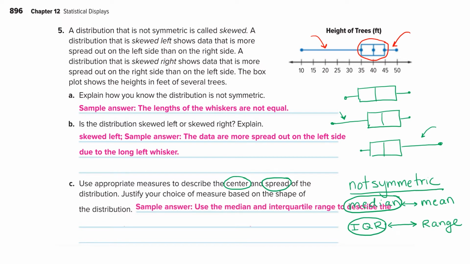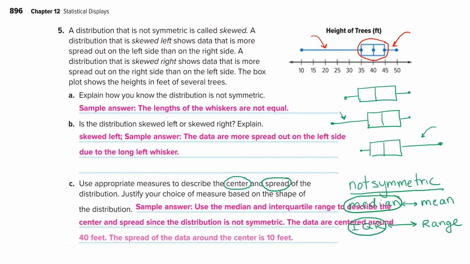Use the median and interquartile range to describe the center and spread since the distribution is not symmetric. The data are centered around 40 feet. The spread of the data around the center is 10 feet. So how did we get those answers?